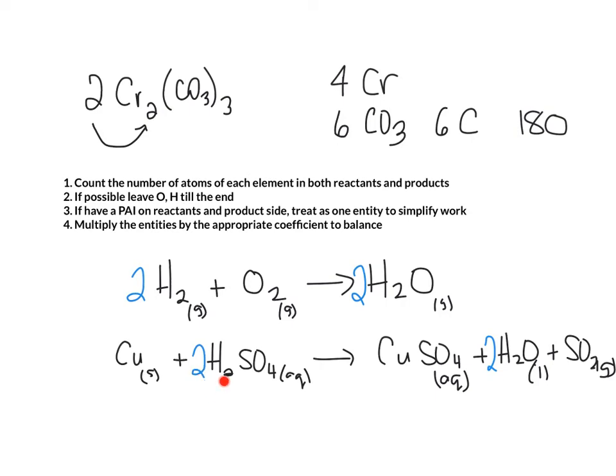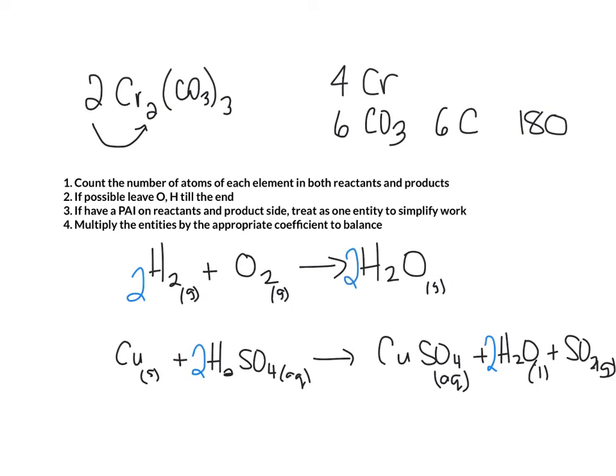So we've got 2 times 2 hydrogens, 2 times 2 hydrogens. We've got 8 total oxygens on the left. Now we have 4, 2, and 2. So we have a total of 8 oxygens on the left and 8 oxygens on the right, and our copper is still 1 and 1. Sulfur is 2 and 2. So this reaction is balanced.